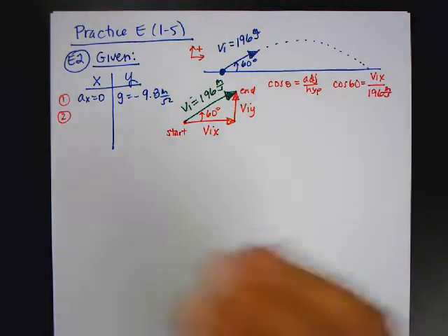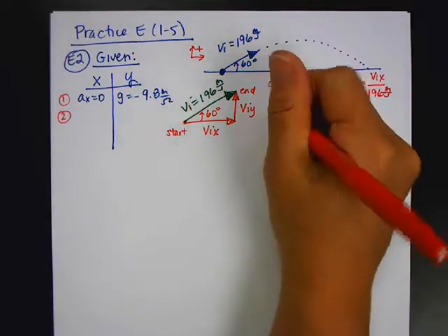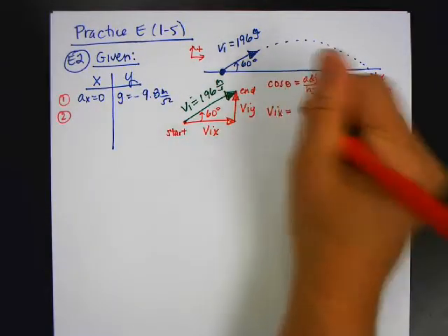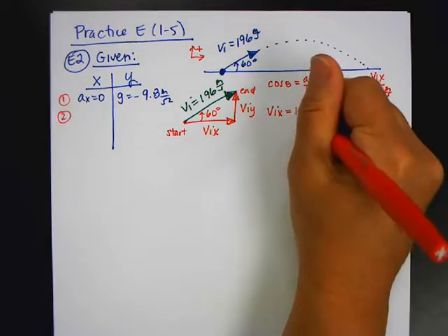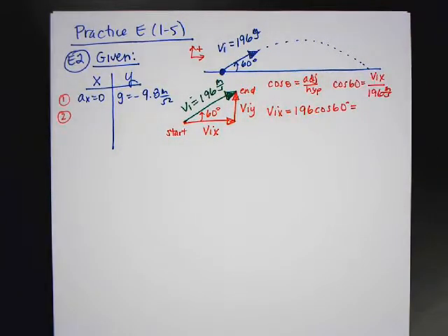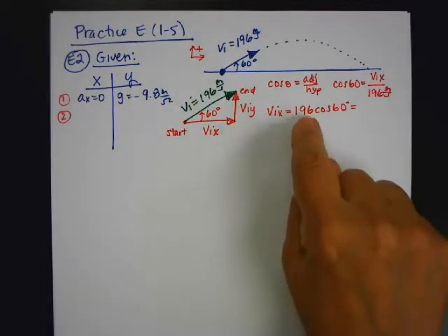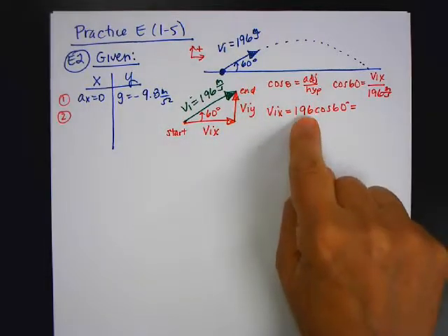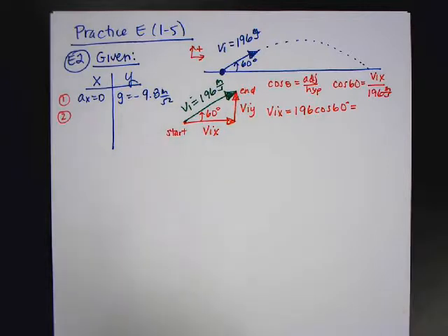So that's why a lot of times I go straight to the step of VIX is equal to 196 cosine of 60. Now, some of you are not putting this in your calculator. You don't multiply the 60 times 196. The 196 has to go in the front.